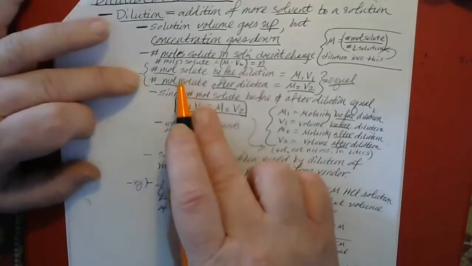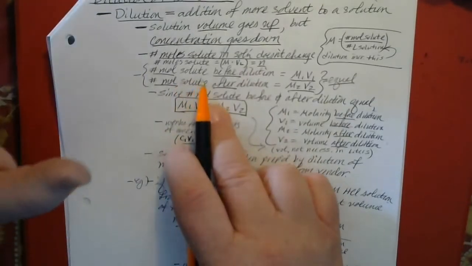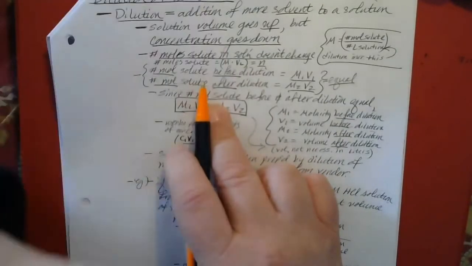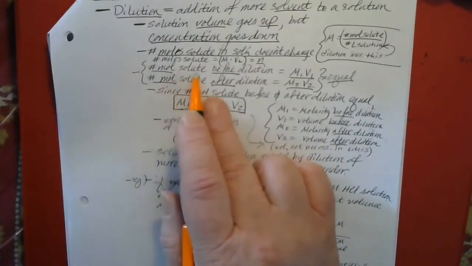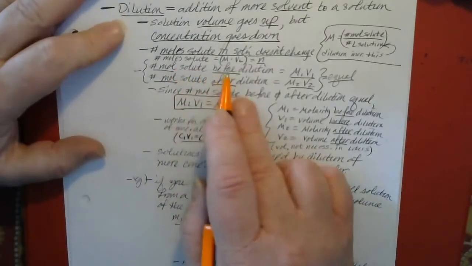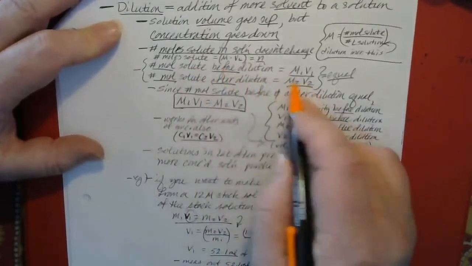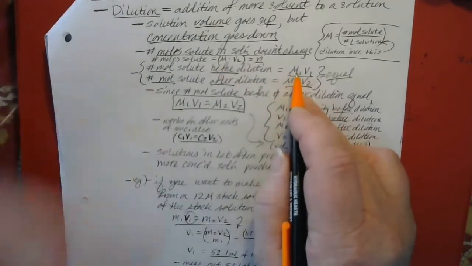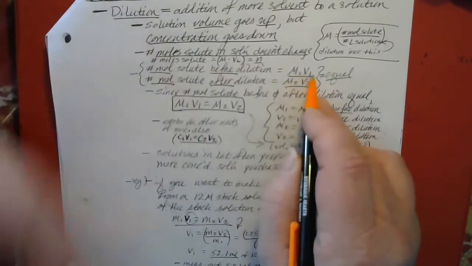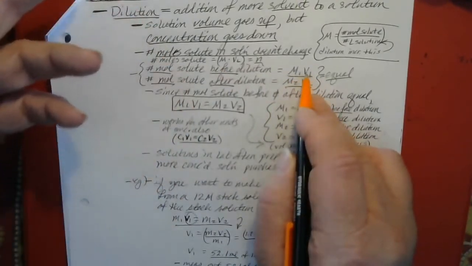If you want to think about the situation before a dilution versus after a dilution, the number of moles of solute in a solution before you dilute it is M1V1. That is the original, first molarity times the original, first volume.